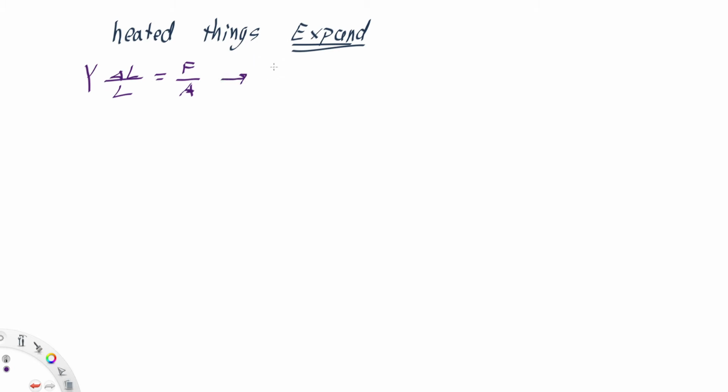Right, so this is where the Y is Young's modulus. We do a similar thing for shear. We do a similar thing for volume. Actually, I think this book uses K for the bulk modulus.